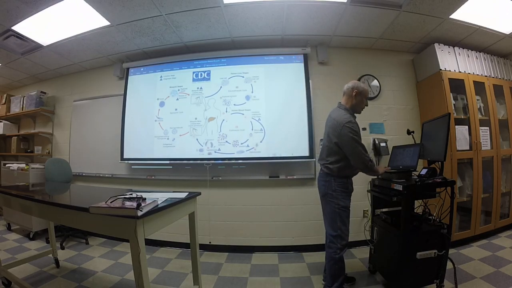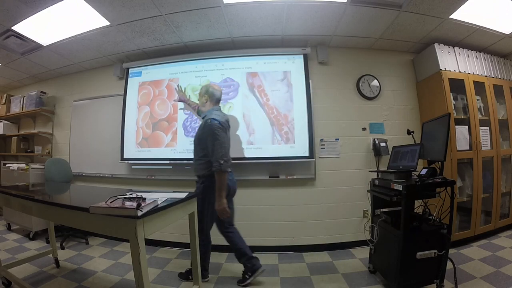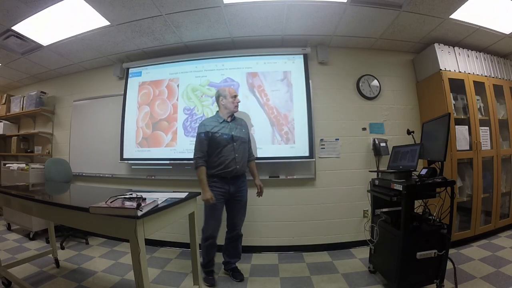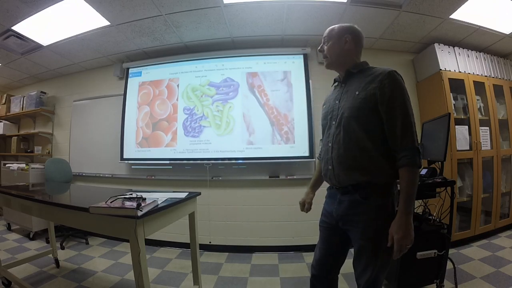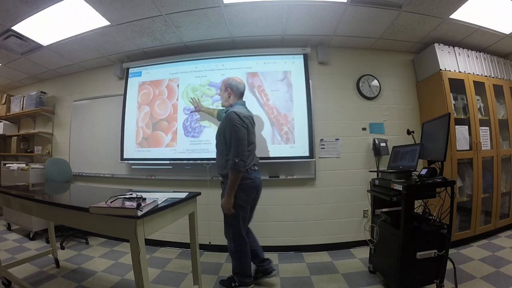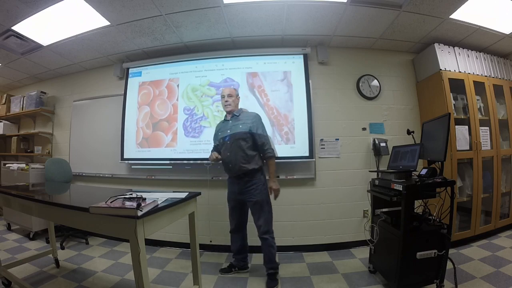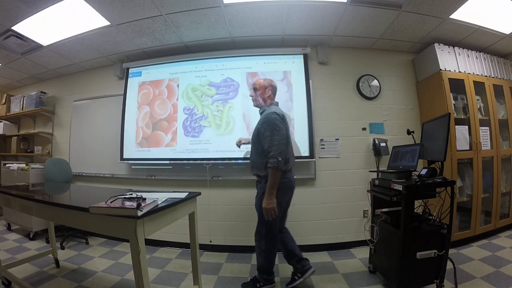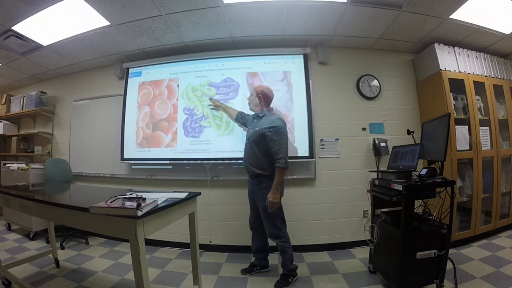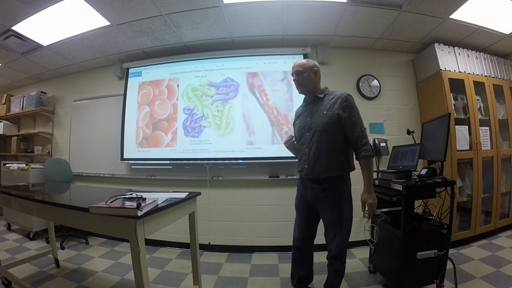If I go back to this, it's the importance of the proper shape and function of the red blood cell. I hope I made that clear. Also carbon monoxide. One of the problems with carbon monoxide is that it will bind to the heme group and displace an oxygen. A carbon monoxide molecule, from exhaust emissions, will bind 200 times more tightly to that heme molecule than an oxygen.